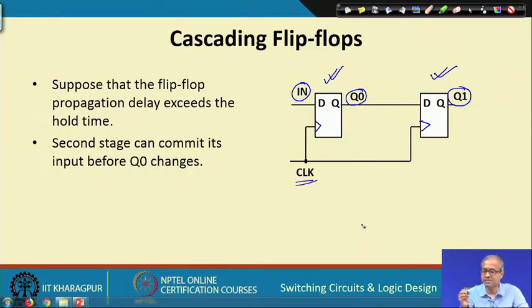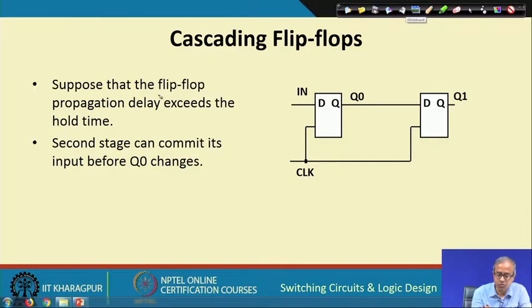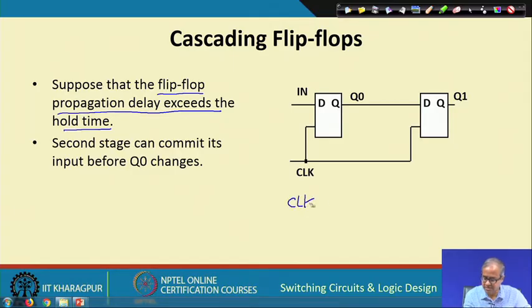Now, there are some considerations you need to look at here. The first thing that we are saying is, what if the flip flop propagation delay exceeds the hold time? Well, what do you mean by it? Let us look at the clock signal. Suppose the clock signal was coming like this. This was the active edge of the clock. Just assume that hold time and setup time constraints are being satisfied.